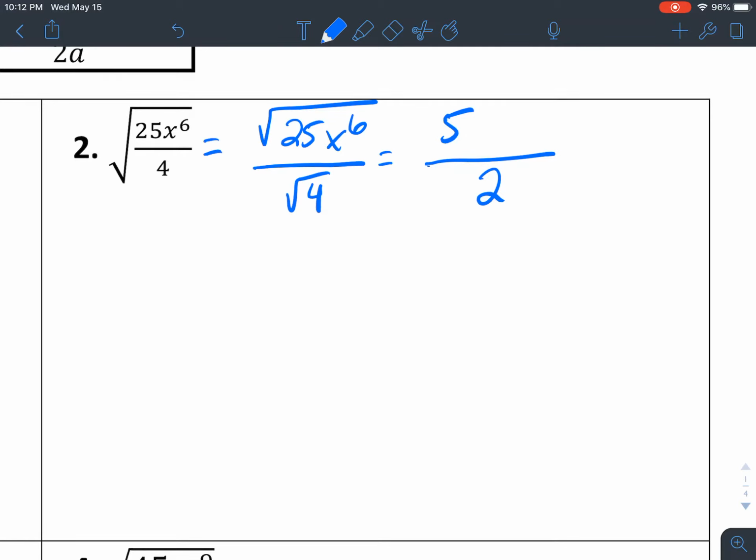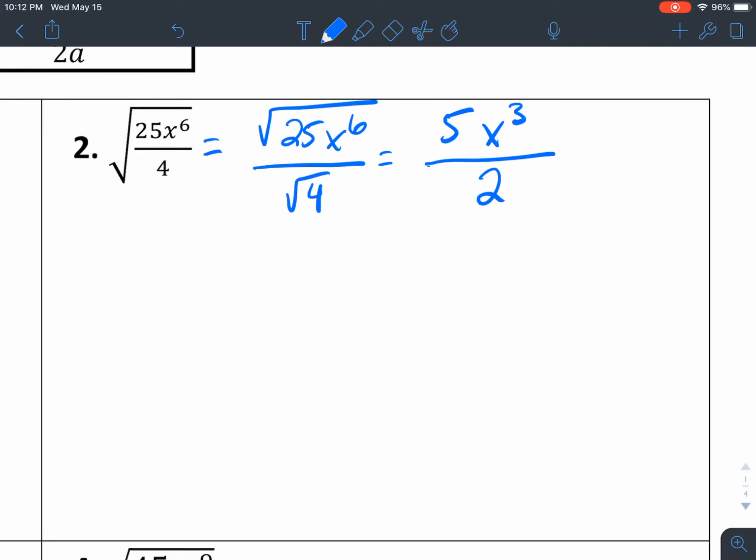For x to the 6th, when we're dealing with variables now, remember we're looking for pairs of numbers, or in this case pairs of x's, that we could take out of your square root. So in this case, if we have 6 x's, we could make 3 pairs evenly out of those 6 x's. So x to the 3rd power can come outside that radical because that's how many pairs we have. Exactly 3 pairs.